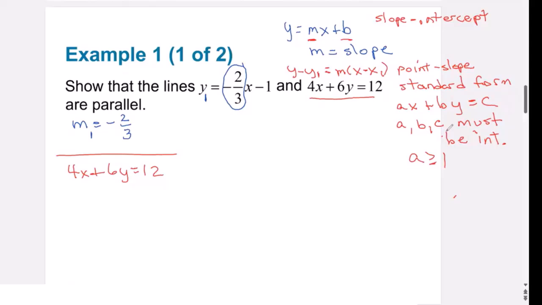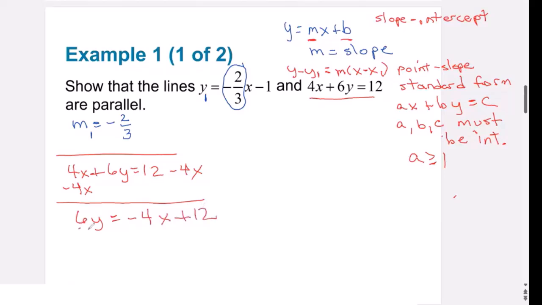So we have our equation in standard form, and it's hard to find the slope from this. So what I would do is first turn this into slope-intercept form, because it's pretty easy. I just want to solve for y. So I'm going to subtract 4x from both sides, and I get 6y is equal to, and I'm going to flip this backwards because I want my slope first and my y-intercept second.